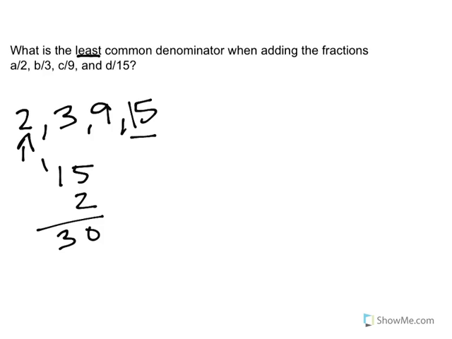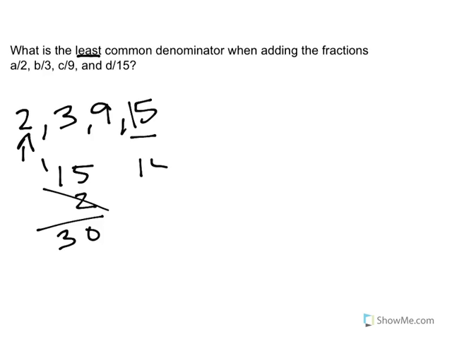So 2 goes into 30, 3 goes into 30, but 9 doesn't go into 30, so that one's not going to work. Well, 15 times 3, we know that 3 times 5 is 15, so that's going to give us an odd number.